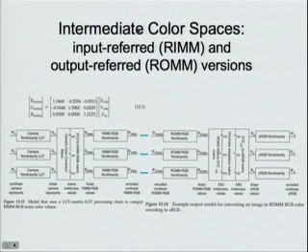This is just an example to show that you may have more than one of these LUT, matrix LUT kind of structures, and they're connected in the middle with an intermediate RGB space. And these guys at Kodak developed a couple of spaces they called RIMM and ROMM, for the reference input medium metric and reference output medium metric RGB color spaces. So reference input means it's a scene referred color space. The intention there is that the numbers in that space represent the intensity ratios in the scene that you took a picture of. And reference output means that the numbers there represent the intensities of the photographic reproduction that you're making.